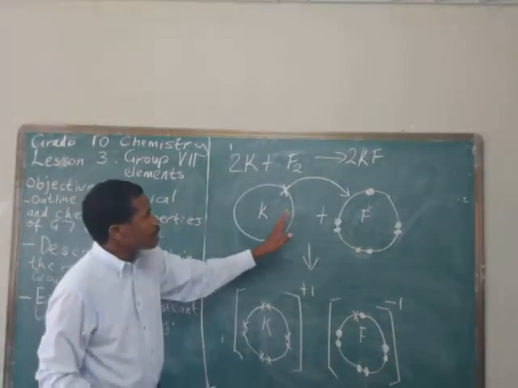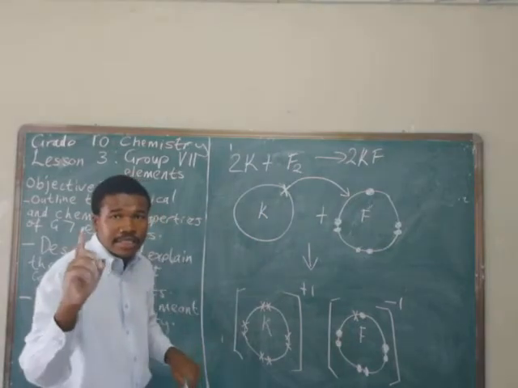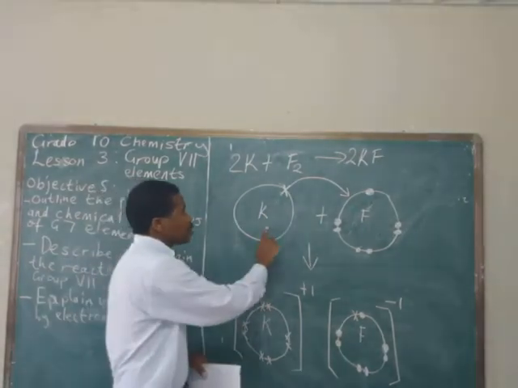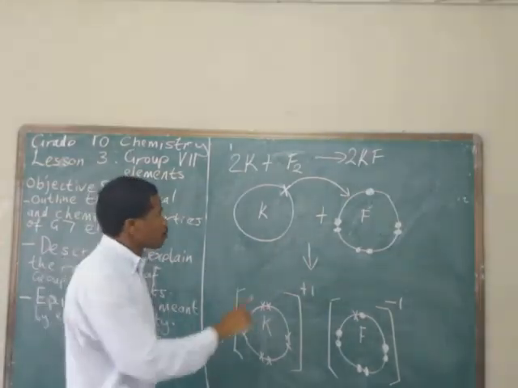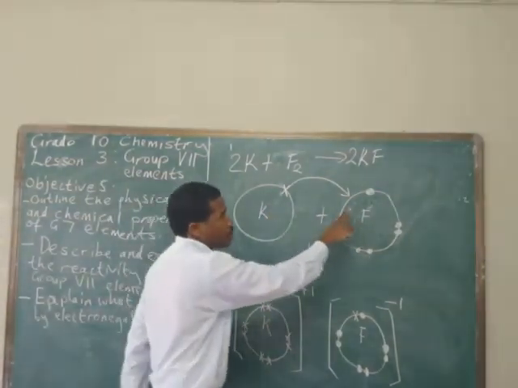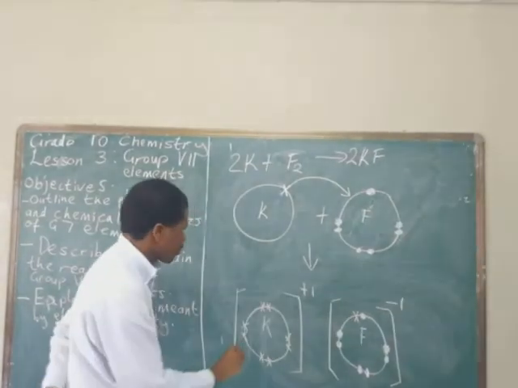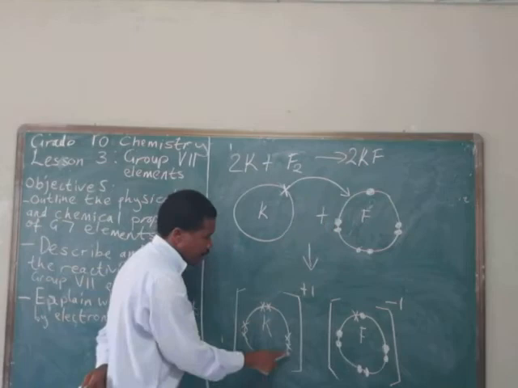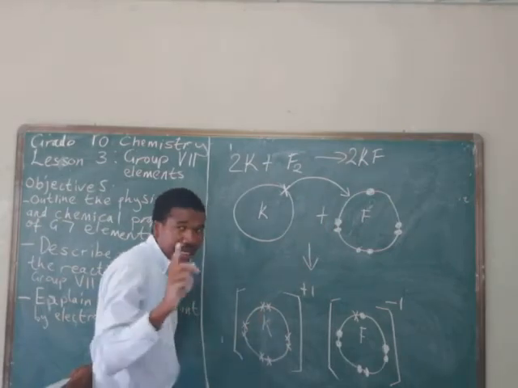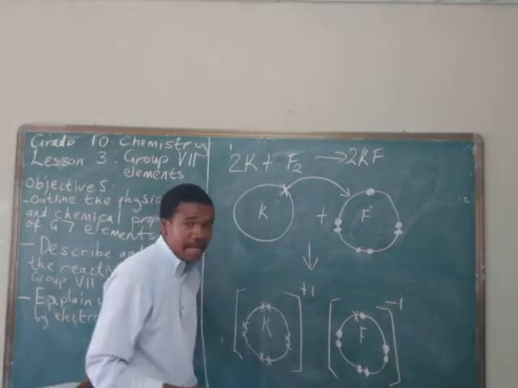So when we say potassium plus fluorine, because this is an ionic bond, the metal donates an electron to the non-metal. Because potassium wants to lose this electron, fluorine wants to gain 1 electron. Potassium then, after donating its 1 electron, is now left with an outer shell that has 8 electrons with a charge of +1.